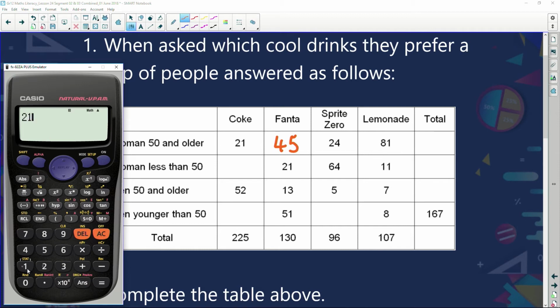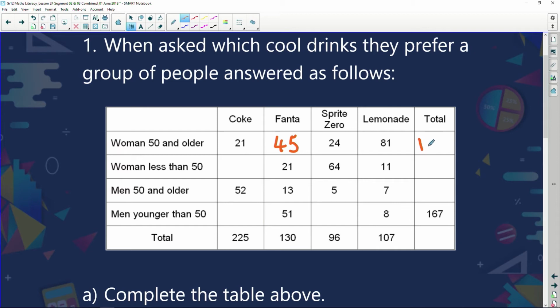We know 21 plus 45 plus 24 plus 81 gives me a total of 171. So there were 171 women who were 50 years and older that we interviewed, of which 81 loved lemonade, 24 loved Sprite Zero, 45 loved Fanta, and 21 so enjoyed Coke.